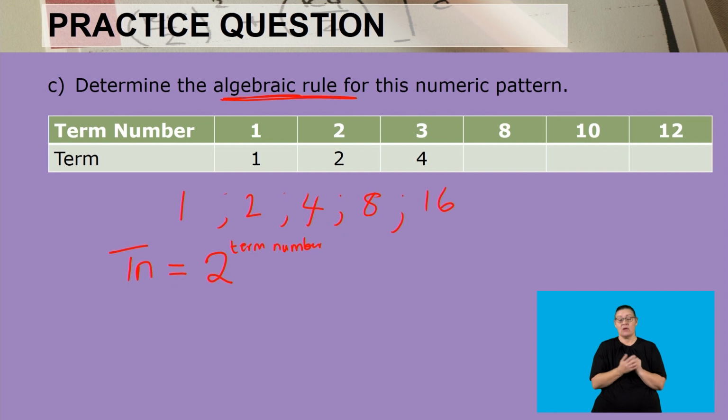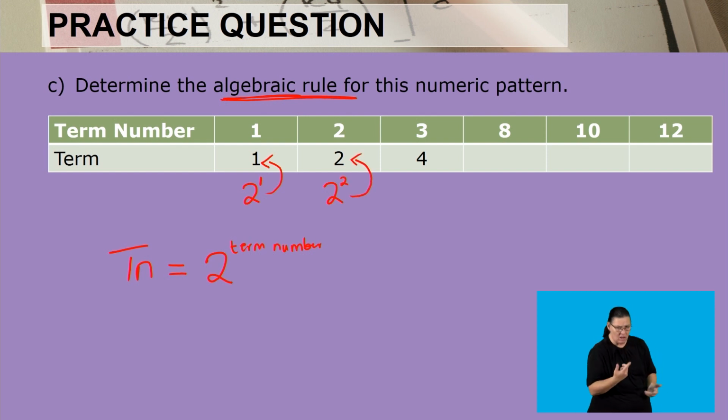But when you look at this pattern here, we can see that if I say 2 exponent 1, it does not give me the first term. If I say 2 exponent 2, it does not give me the second term. Instead, it gives me the next term, as we can see. So what can we do to that term number so that our pattern is correct?